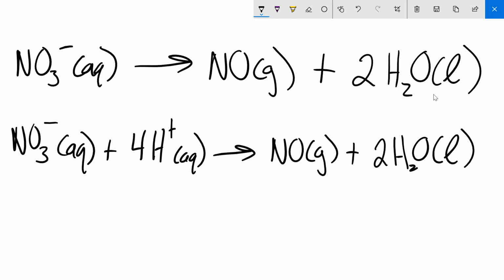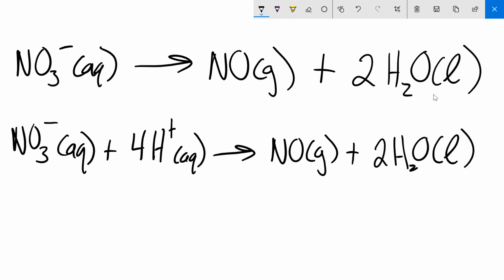At this point, we have the same numbers of nitrogens, oxygens, and hydrogens on both sides, so we have balanced it based on mass. But we have not balanced it based on charge. In this process, nitrogen went from a +5 to a +2 oxidation state, so it gained 3 electrons.